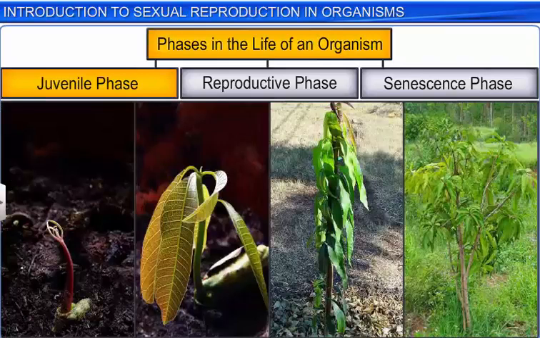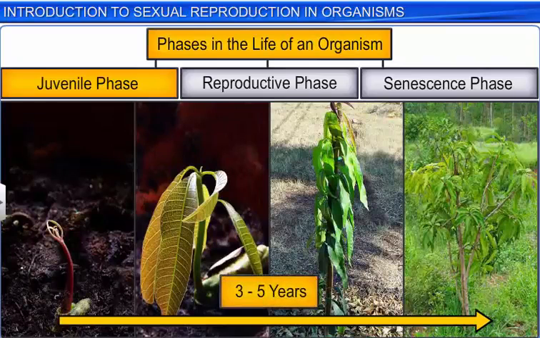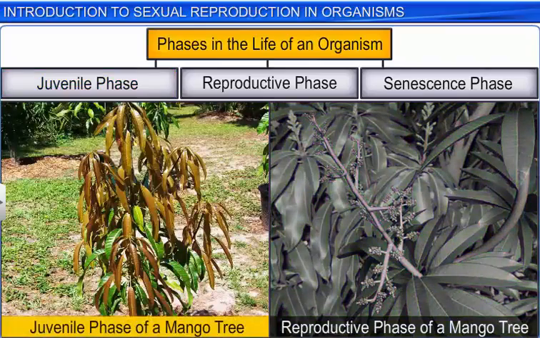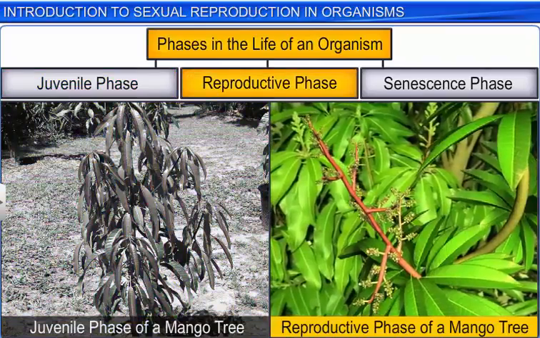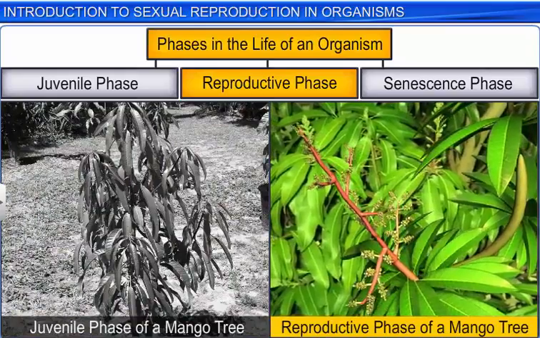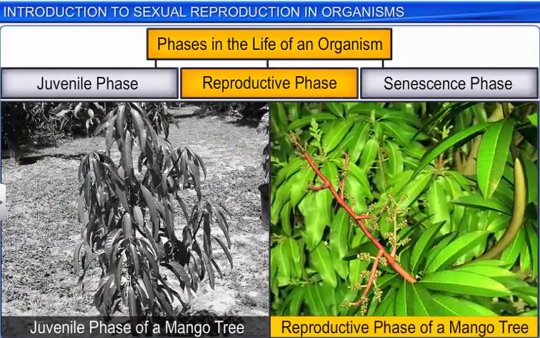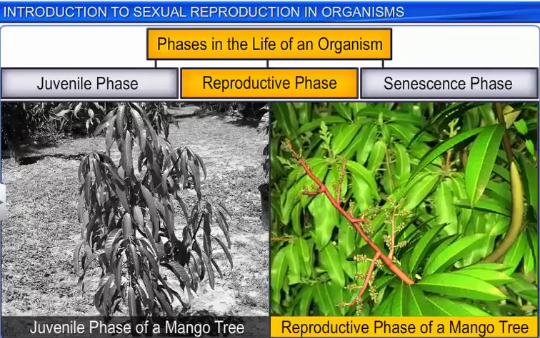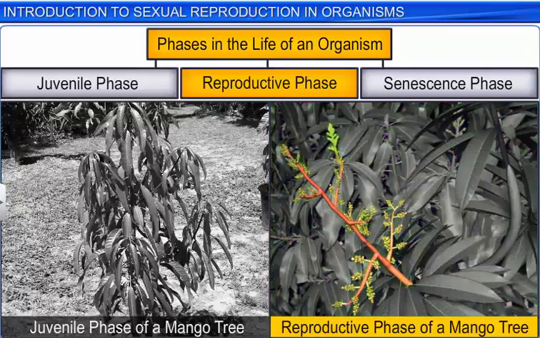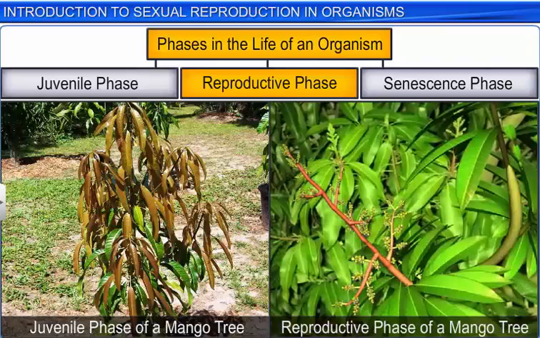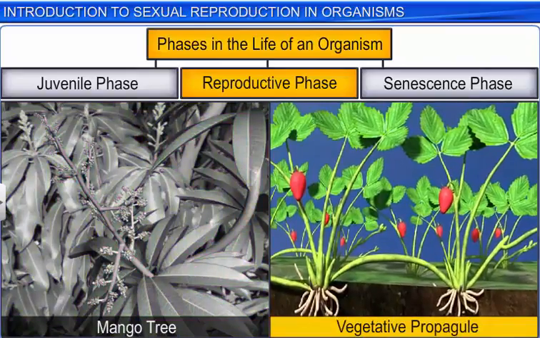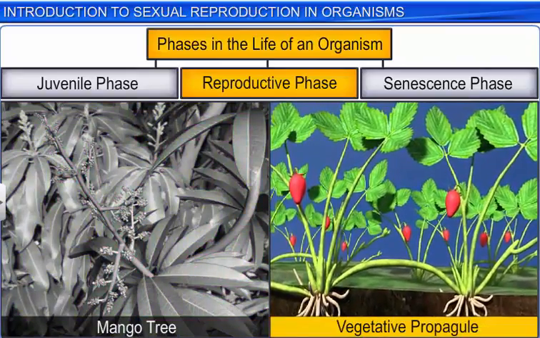Whereas a mango tree remains in the vegetative phase for around 3 to 5 years. The juvenile phase is succeeded by the reproductive phase in both plants and animals. In the case of plants, this phase is marked by the appearance of flowers or vegetative propagules such as runners.